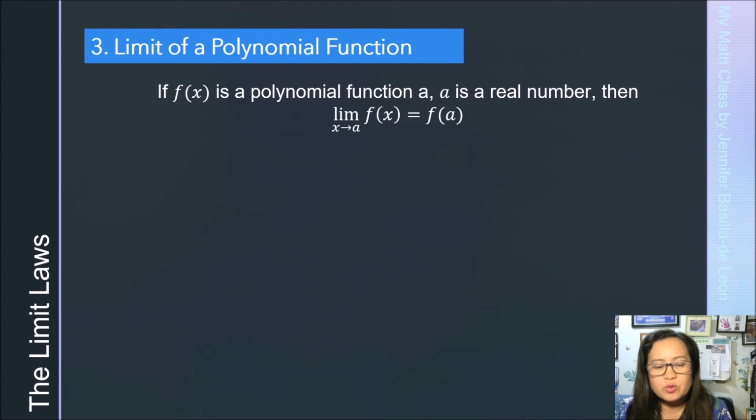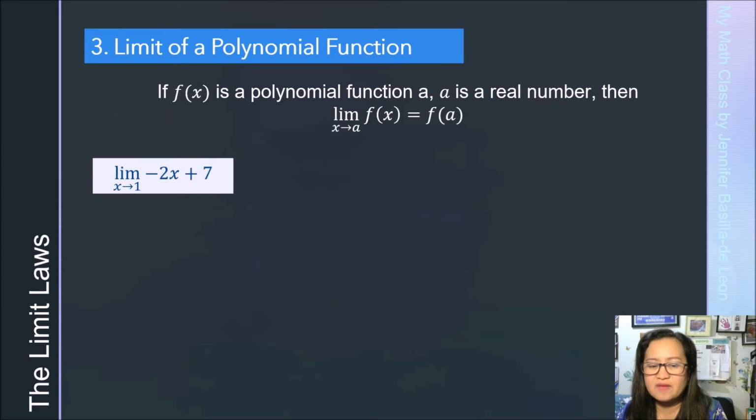Now what if we have a polynomial function? If f of x is a polynomial function and a is a real number, then the limit of f of x as x approaches a is just equal to f of a. So for example, the limit of negative 2x plus 7 as x approaches 1 can be evaluated through this solution.